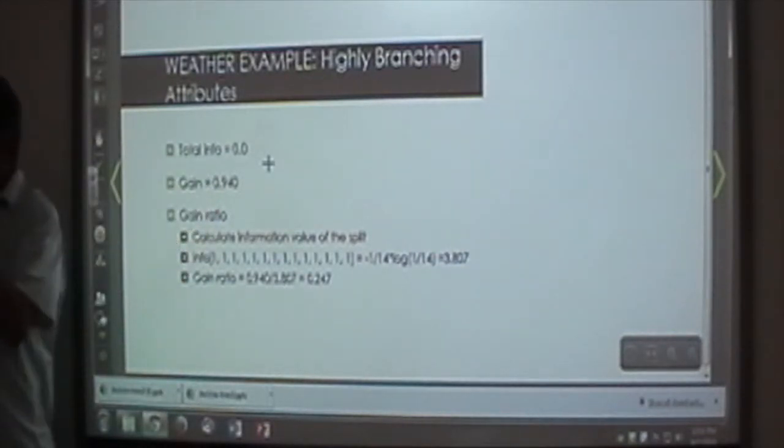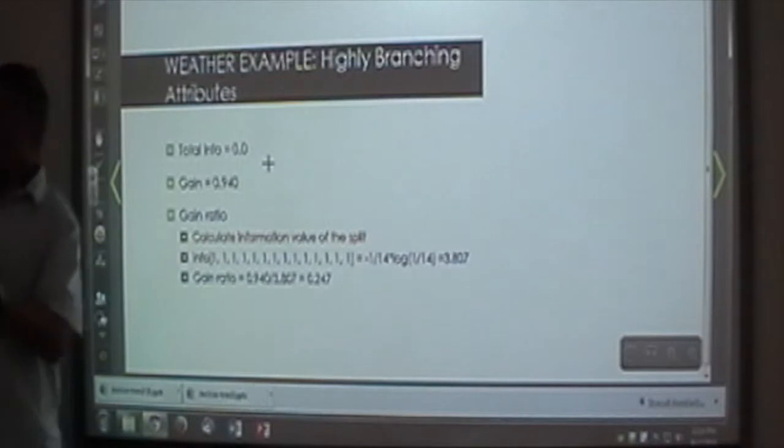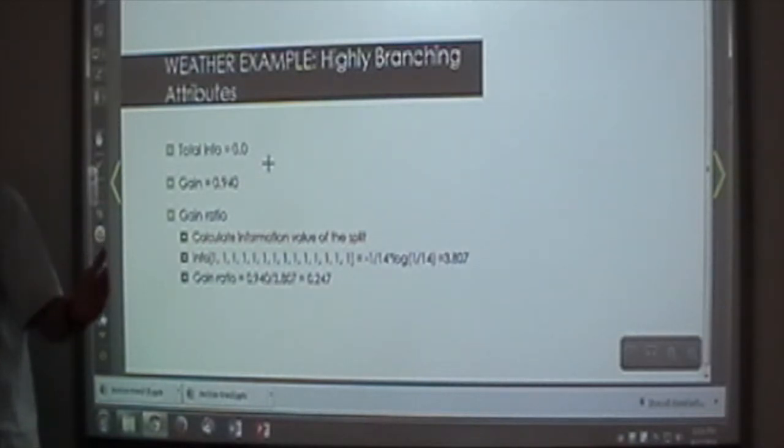The gain ends up going from 0.940 all the way down to 0. It's much larger than any of the other gains. But as I say, it's a meaningless attribute to split over. So there are a couple of ways we can deal with this.